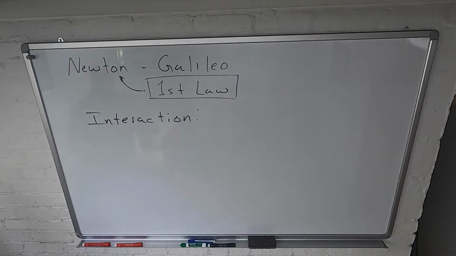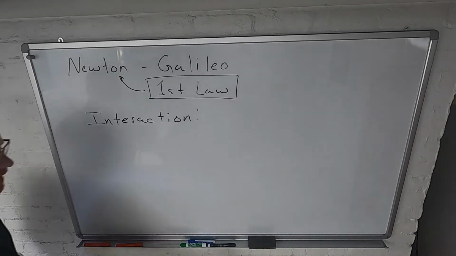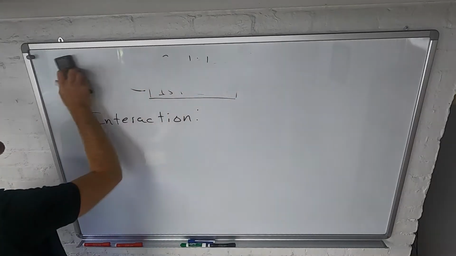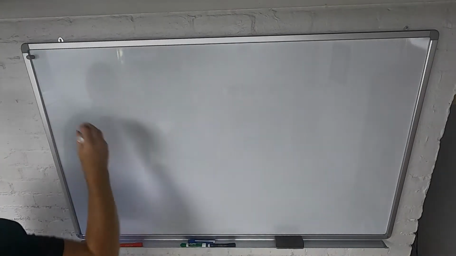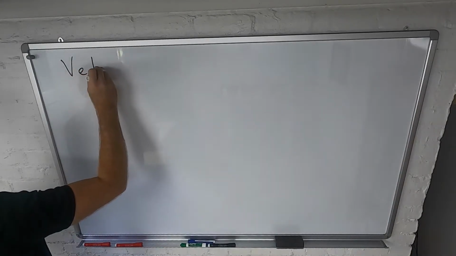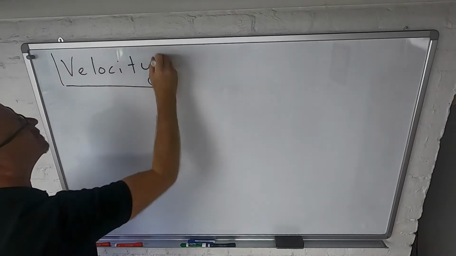So we need to have a language in order to do this. One of the pieces of language that I need to introduce is the idea of a velocity. What is velocity?